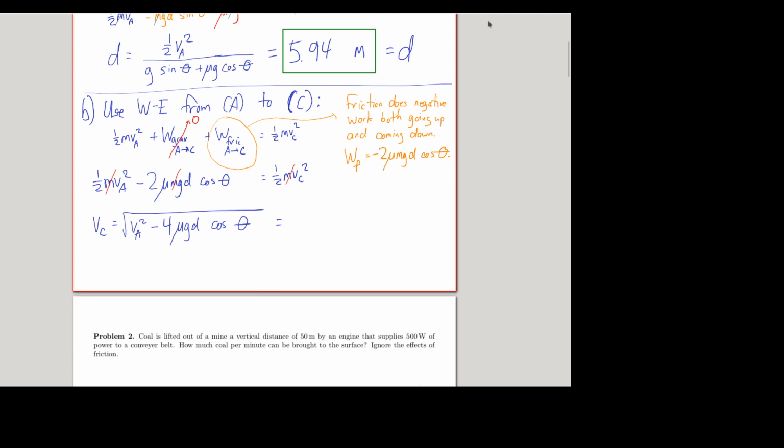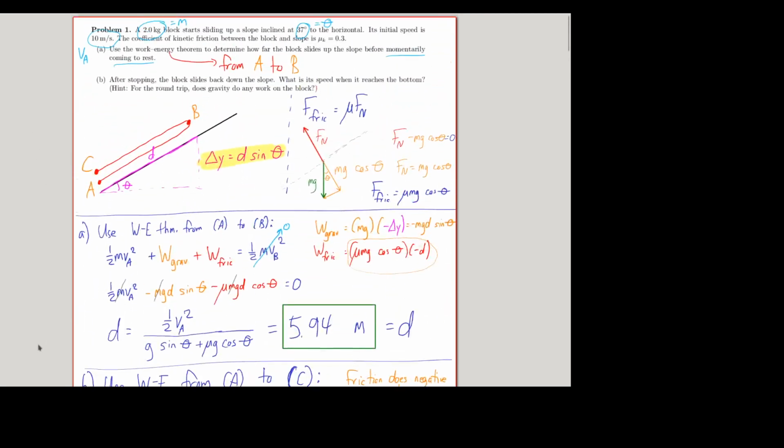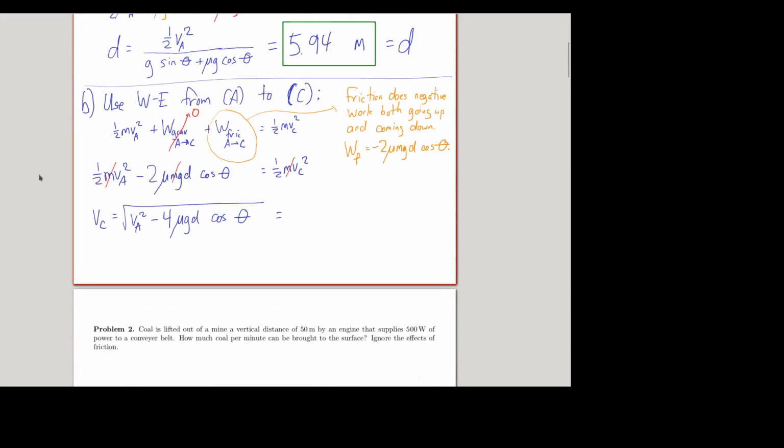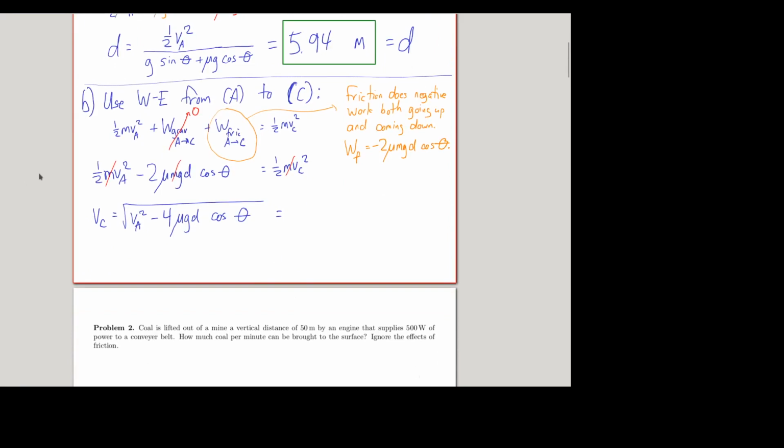So I've got the square root of v_A squared, so v_A was 10 meters per second, that squared, minus 4 times mu, which is 0.3, times g, which is 10 meters per second squared, times d, which is 5.94 meters, times the cosine of 37 degrees.